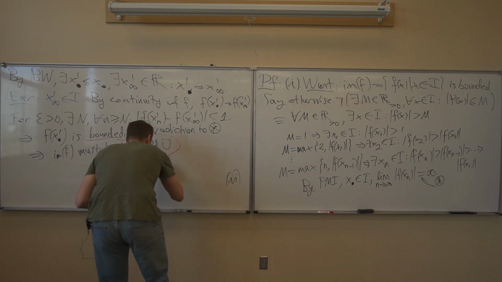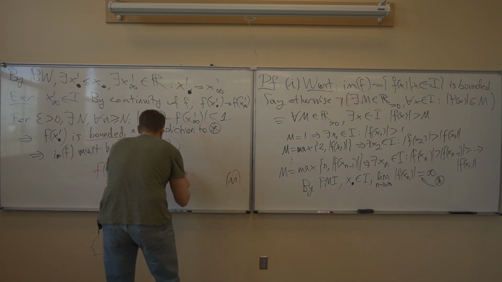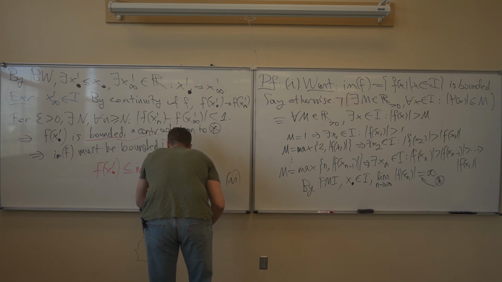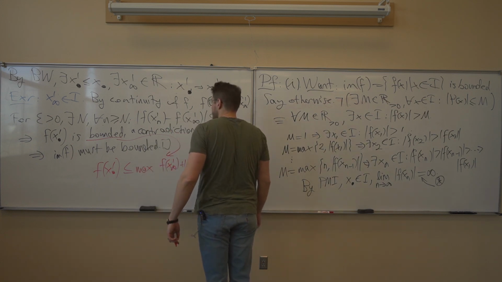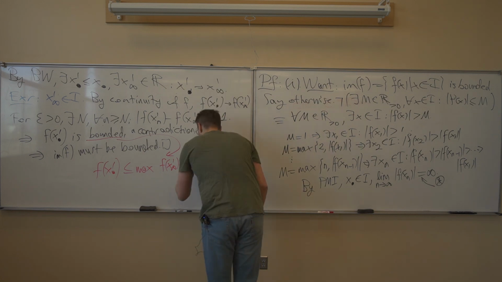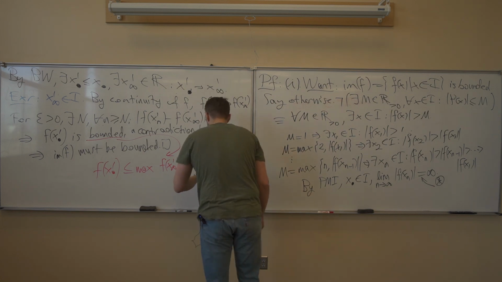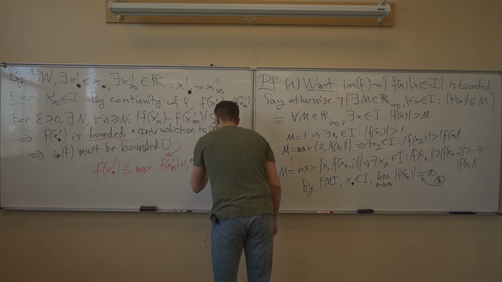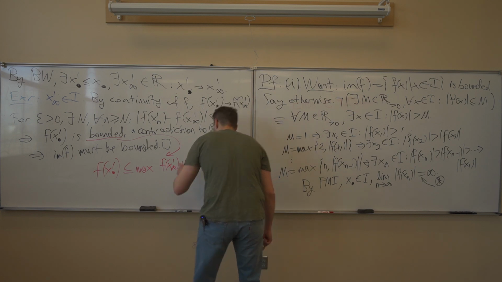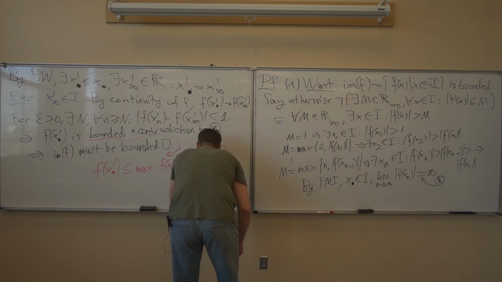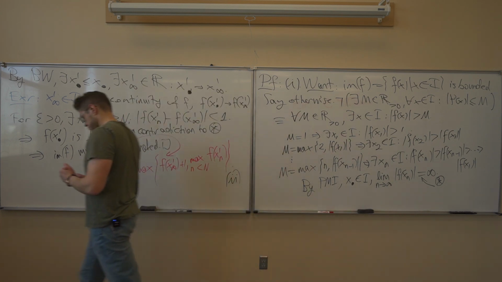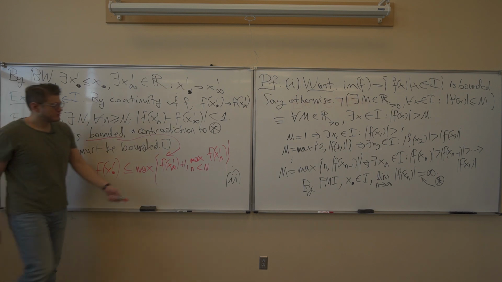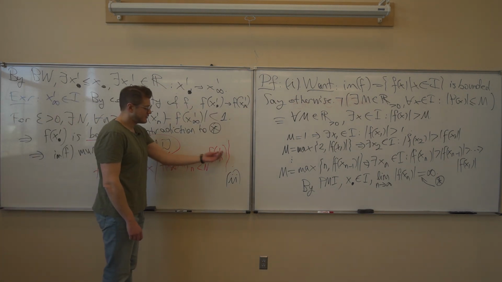Max of, what is it? f of x prime infinity plus 1, and then the max of f of x sub n prime, where n is at most capital N. The point here is that because you're taking the max over a finite set, this is a finite number.